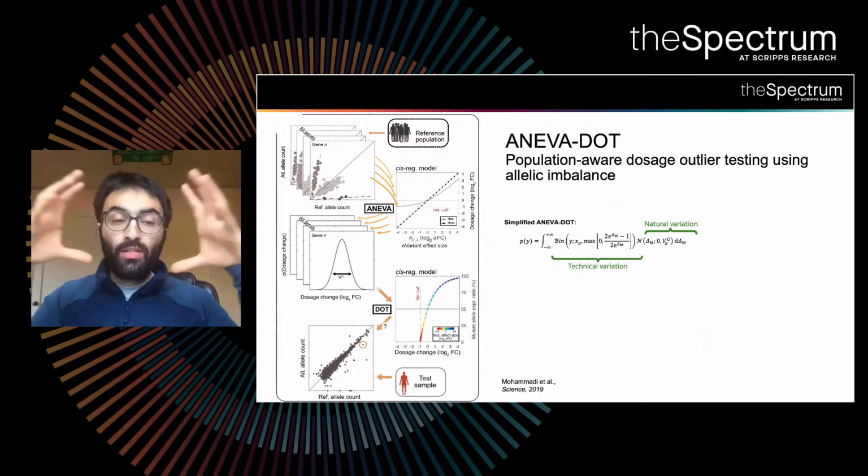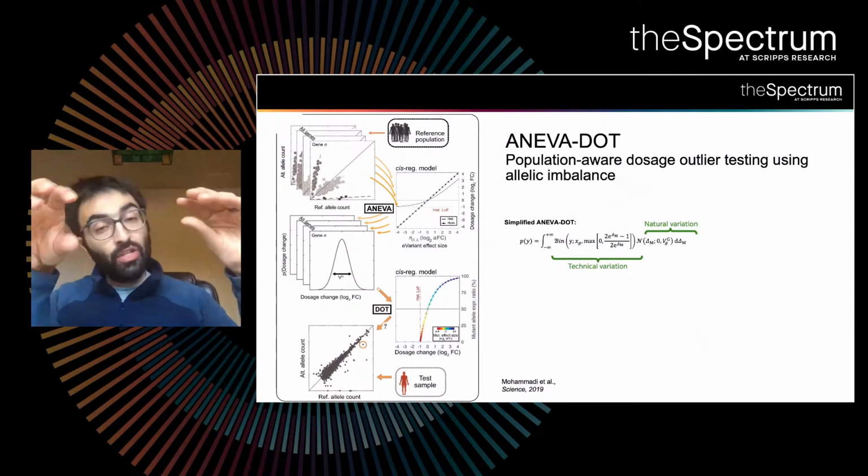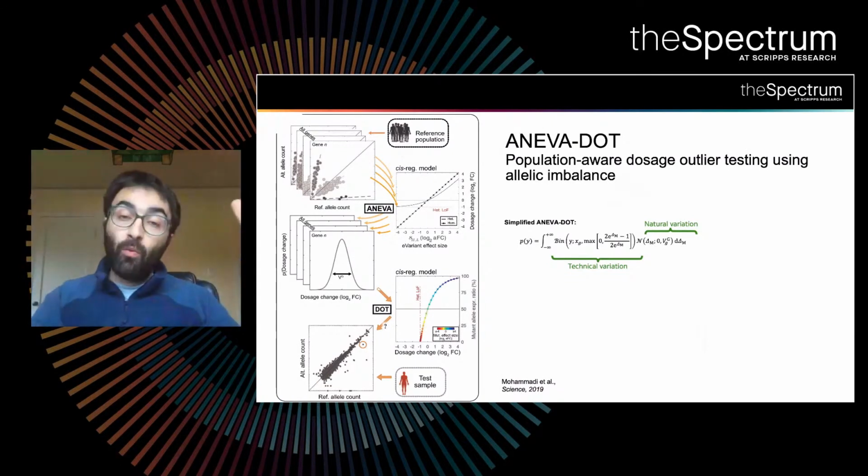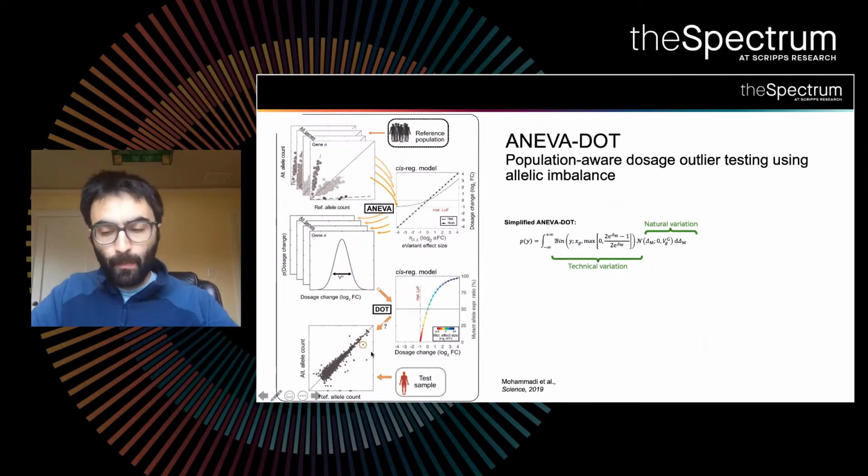So for us to pinpoint specifically the genes that are way off from the variation that is normal, we need to first learn what is normal. So we produced a model that can learn this statistically and include that with the technical variation to identify, if an individual comes in with a disease, for each gene, how far from diagonal is too far.